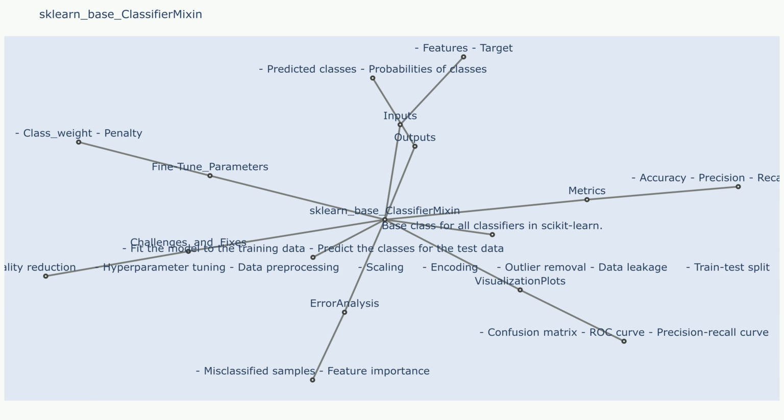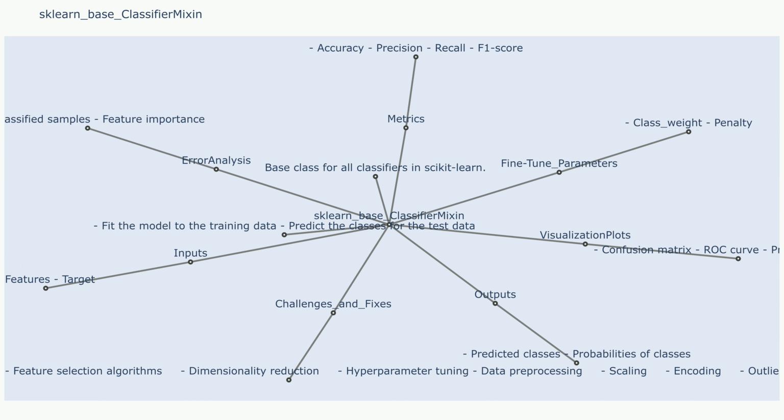Sample use case: a model trained on a small dataset with many features may overfit to the specific examples in the training set. Fixes: regularization: add penalties to the model complexity to discourage overfitting. Cross-validation: split the data into training and validation sets to assess model performance on unseen data.